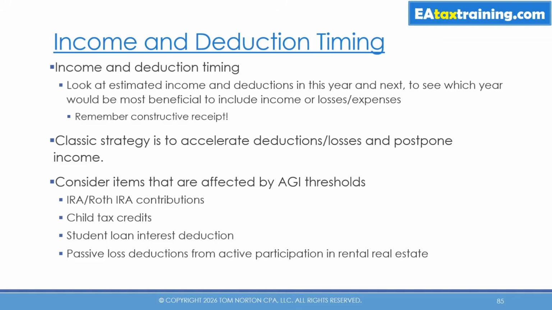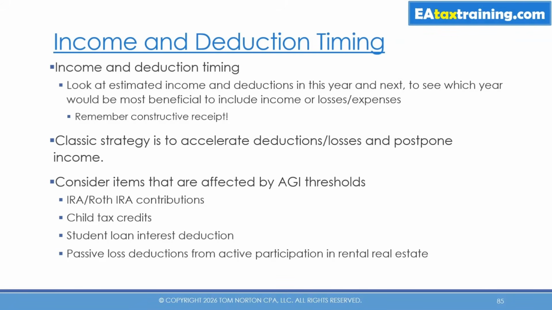So now let's talk about income and deduction timing. When you're doing those projections, this is one of the things you want to think about. You want to look at your estimated income and deductions in this year and next year to see which year would be most beneficial to include income or expenses. Because you often do have some flexibility in including some amounts in income and when you pay for certain expenses in order to take deductions. Now, remember constructive receipt.